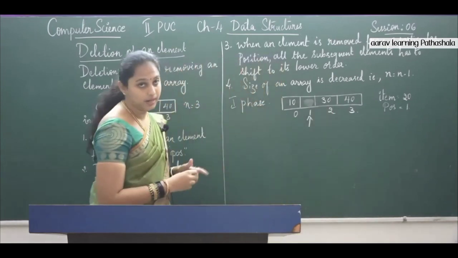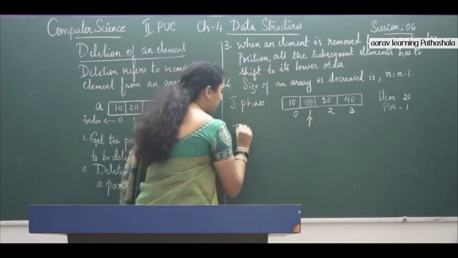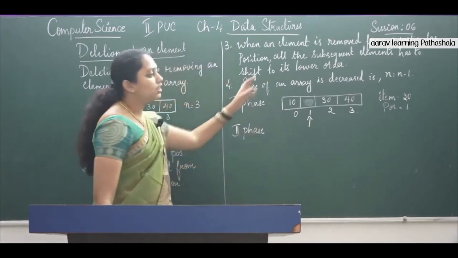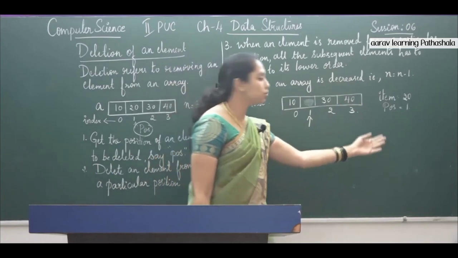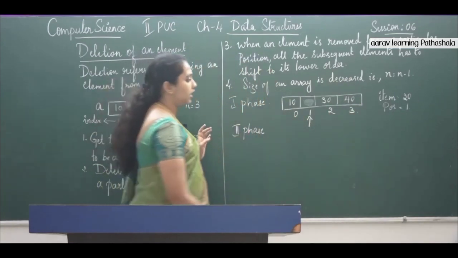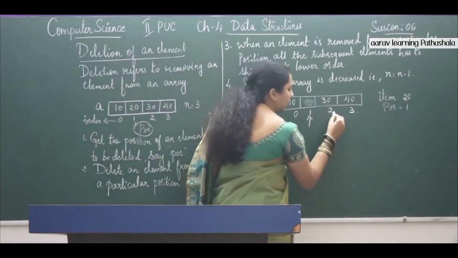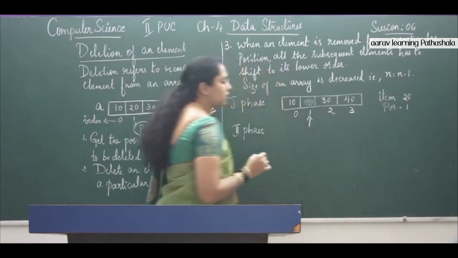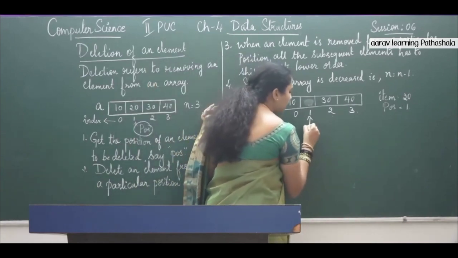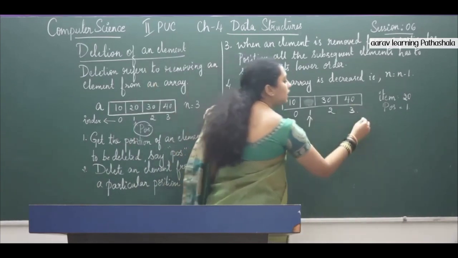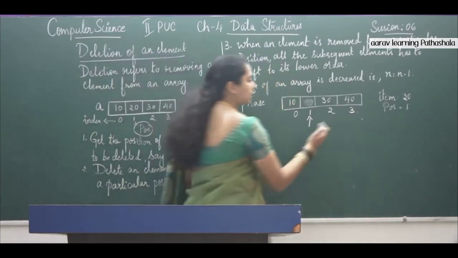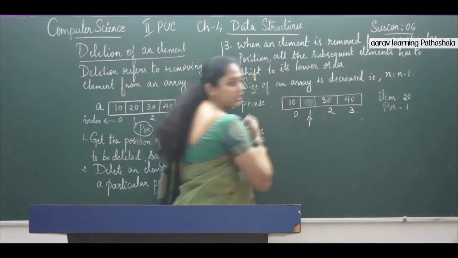Delete this element. In the second phase, all the subsequent elements have to be shifted to their lower order positions. That is, I have to shift the elements from i is equal to p, from the position where I have deleted the element till the last element of an array, to their lower order.